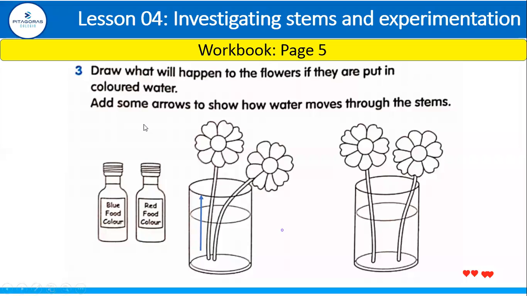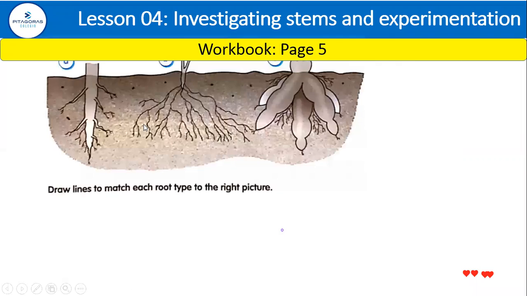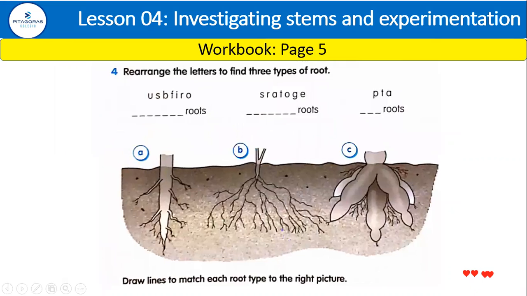So let's pass now to activity number 4. In this activity, you have to rearrange the letters to find the 3 types of root. So first we have to put these words in order, and then we have to match.